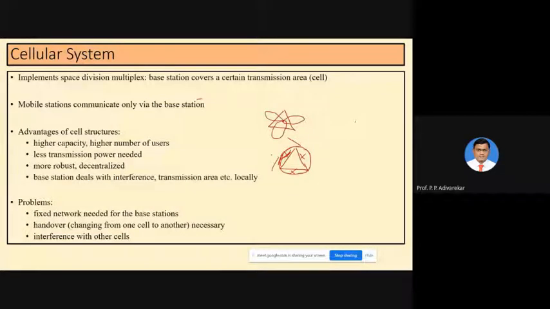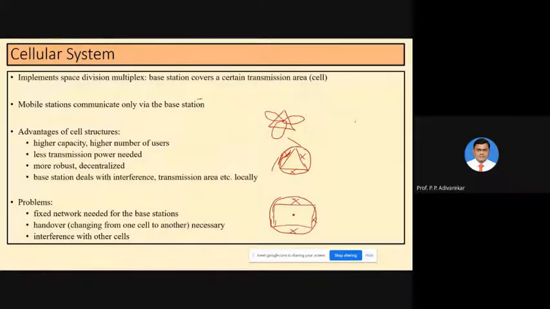So let's consider the square or rectangular pattern. If you check the circular pattern for this after implementing the antenna over here, again it will not cover the whole area.